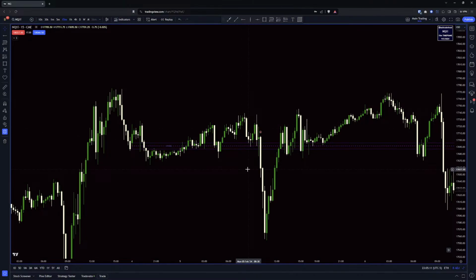All right, well, obviously the key, as I said earlier, in this whole thing is being able to identify the AMD in the Power 3, right? The accumulation, manipulation, distribution phases. What I really want to focus on is the first two.